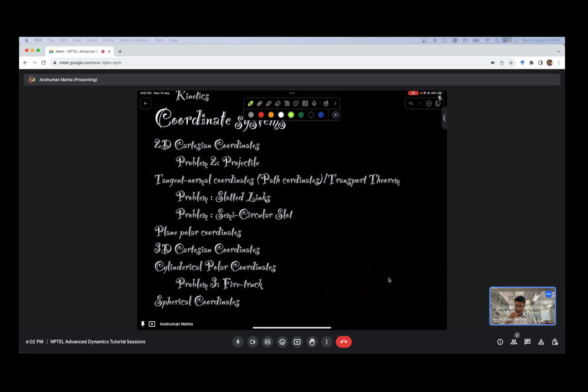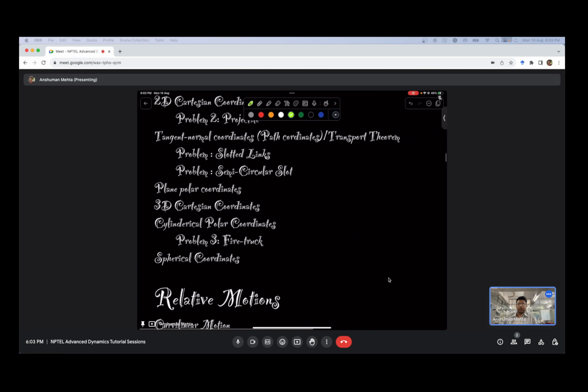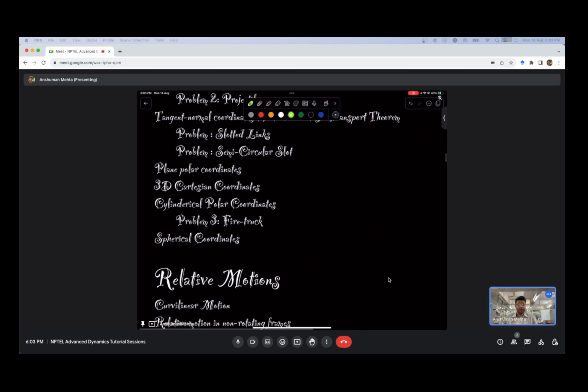Next we had examples such as slotted links, and there was a semicircular slot. Next we went to plane polar coordinates because we wanted to build up to cylindrical polar or spherical coordinates. So everything was in 3D. The 3D coordinate system was defined, and there was one problem of a fire truck.